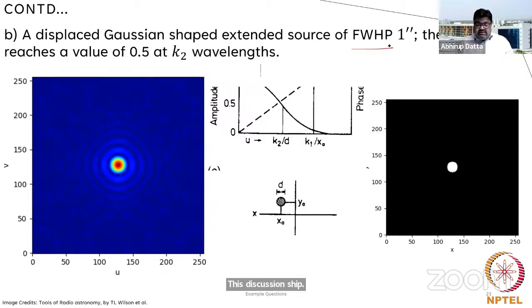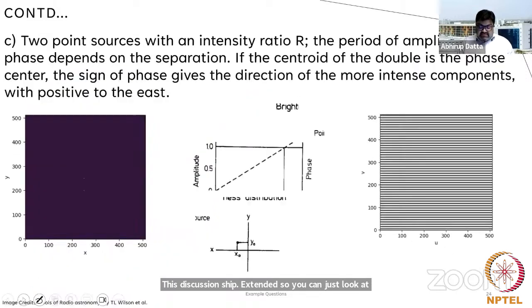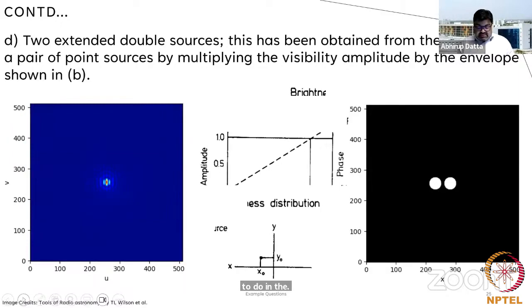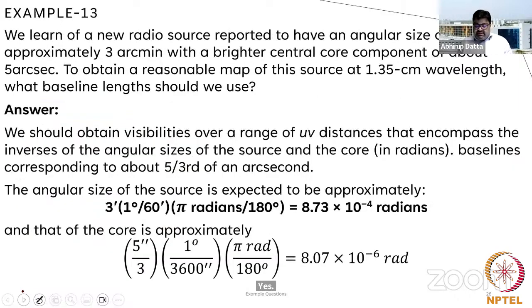You can just look at the individual Fourier pairs. It's very self-explanatory. If you look at it, you will understand. We have done it in the previous discussion as well. You just go through it when it's available on the portal.